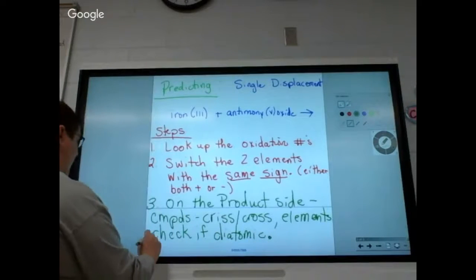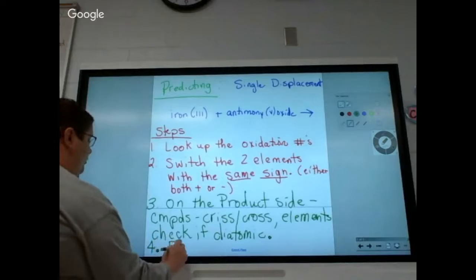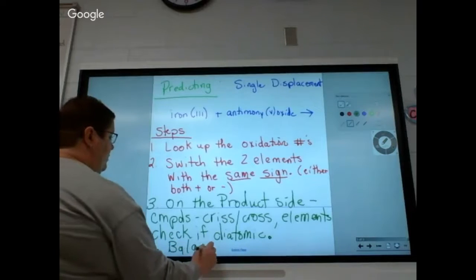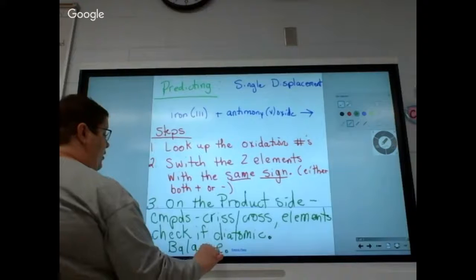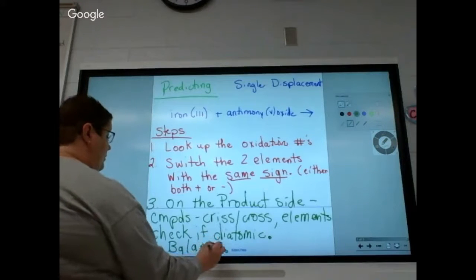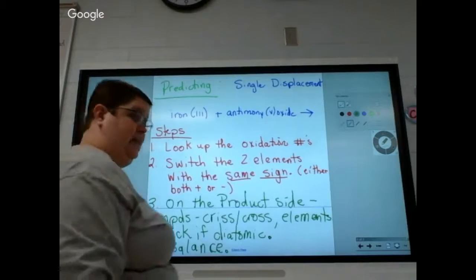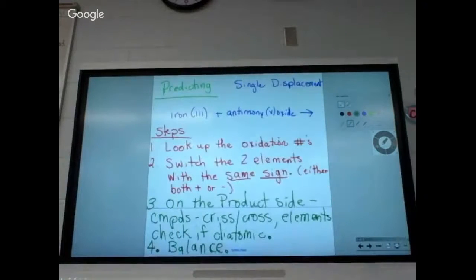And 4, I write in here, even though I should not have to, balance. We never write an equation that we don't balance, okay? If you write it, it has to be balanced. Did everybody hear me say that? If you write an equation, you balance the equation. Even if the directions don't say balance. If you wrote the equation, you have to balance the equation.